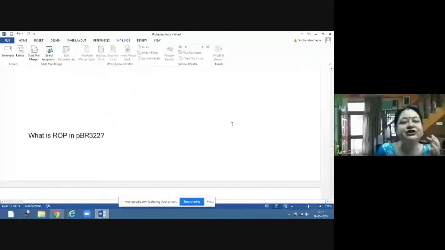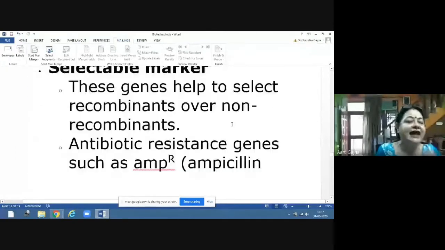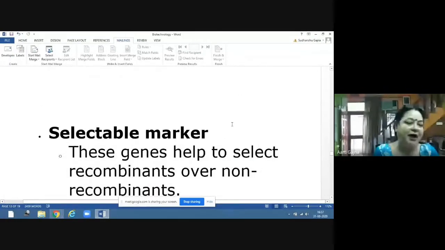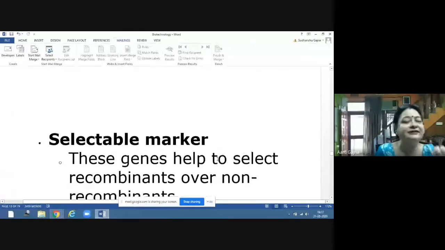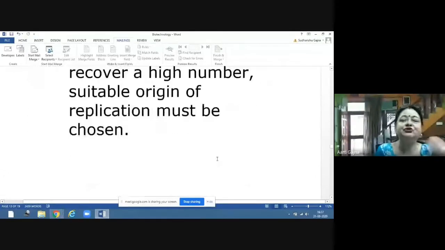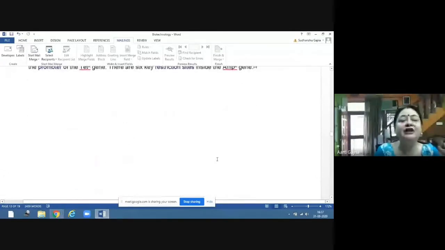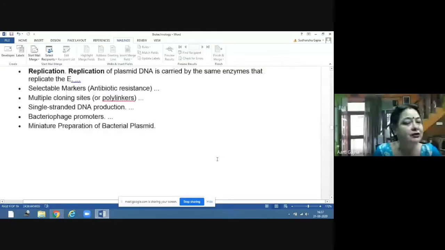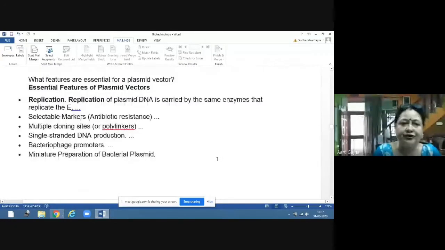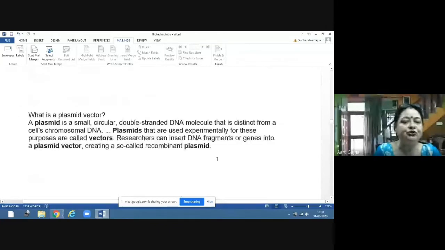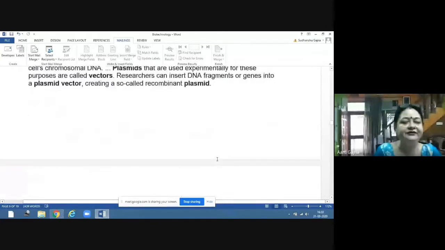Then the second thing which should be there in a vector is a selectable marker, through which we can isolate recombinants from non-recombinants. Then there is ROP which should be present in the vector, because that is the protein which helps to control the copy number, which is adjacent to the origin of replication. Now let me show you the diagram first.